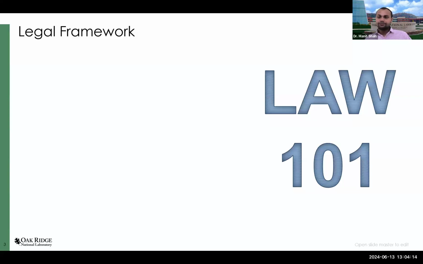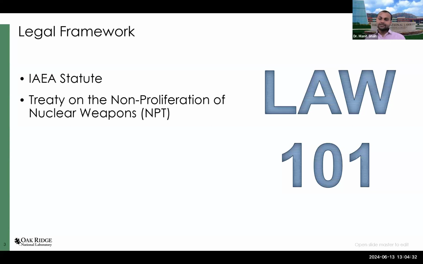Now, what legal framework means here is what governs that international safeguards can be imposed. It starts basically from the IAEA statute, the foundation of the IAEA, which covers essentially what it does. Then there is the NPT, the Treaty on the Non-Proliferation of Nuclear Weapons.